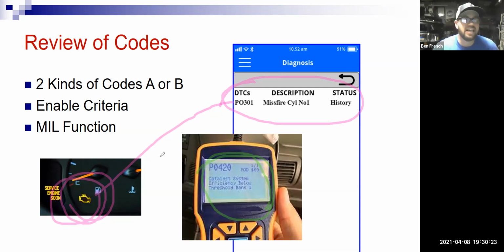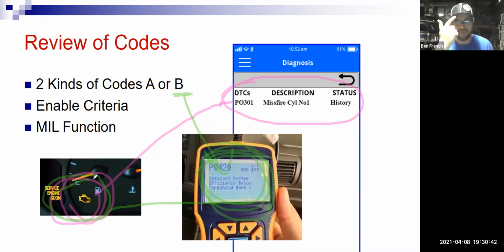And so it would take a couple of trips where it failed in a row for a type B code to be set and then turn on the check engine light, right? First, it would set a pending code, then it would turn into a full-fledged code. And when it did that, that's when it would turn on the check engine light.